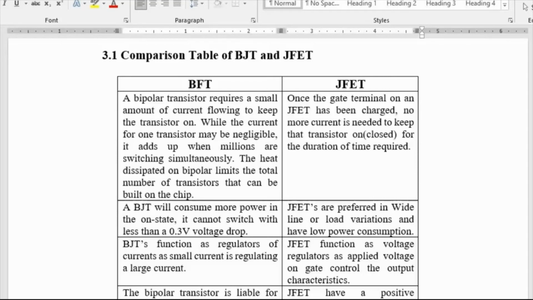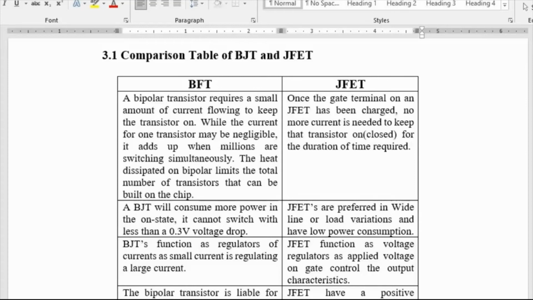For JFET, once the gate terminal on a JFET has been charged, no more current is needed to keep that transistor on, which means closed, for the duration of time required. JFETs are preferred in wide line or load variation and have low power consumption.